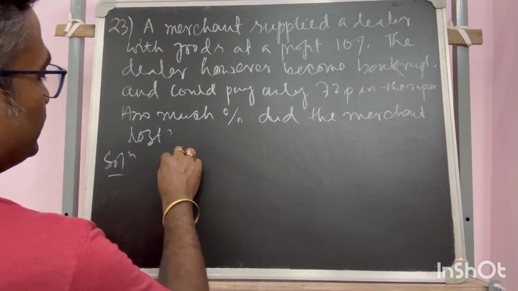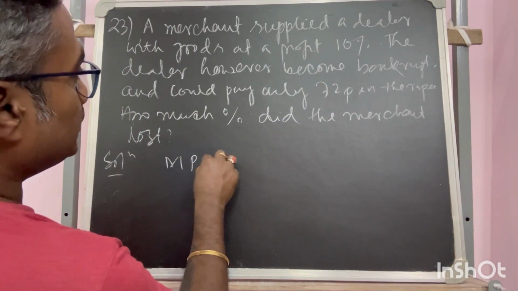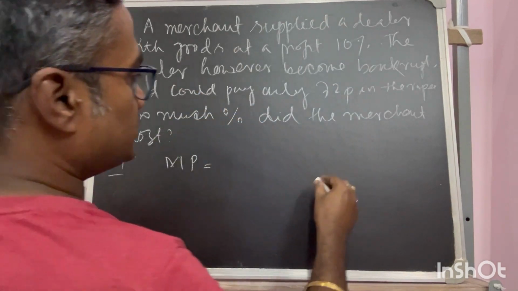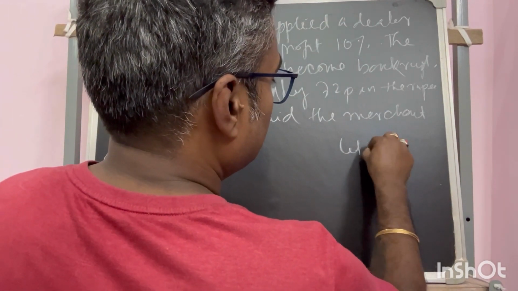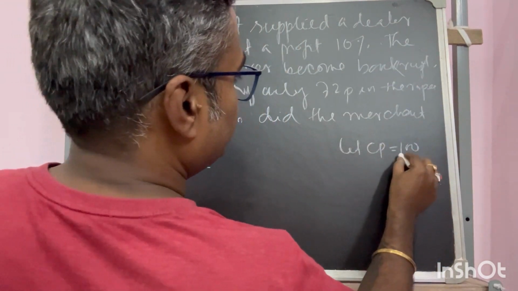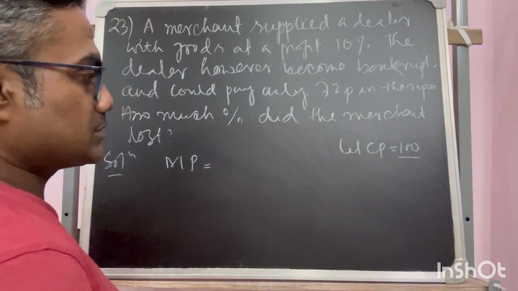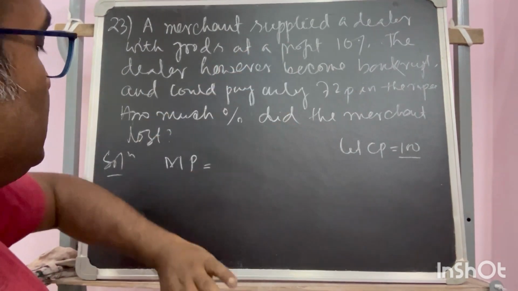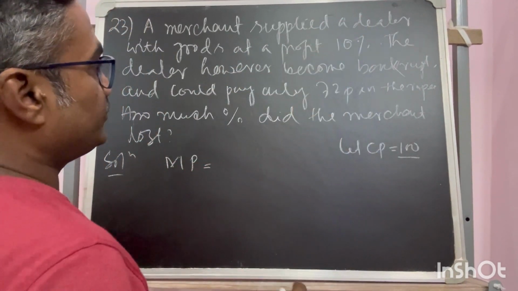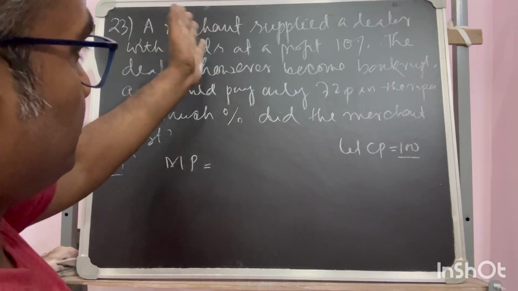Because we are not working with the actual cost price, let the cost price be 100, because all are in percentages. Accordingly, you can calculate the mark price and selling price.